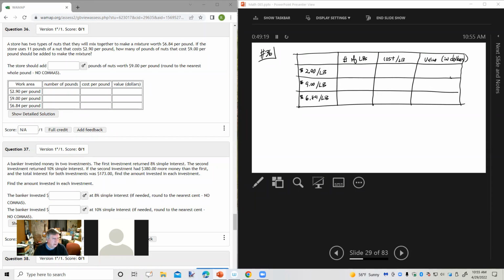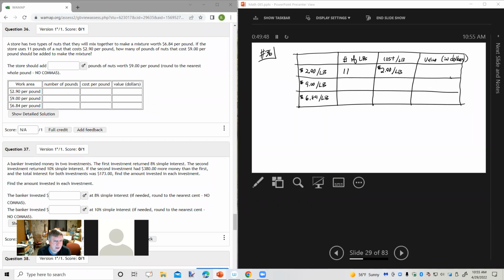Okay, so a store has 2 types of nuts and they will mix together to make a mixture worth $6.84 per pound. If the store uses 11 pounds of a nut that costs $2.90 per pound, so this is going to be 11 pounds, and the cost is $2.90 per pound.